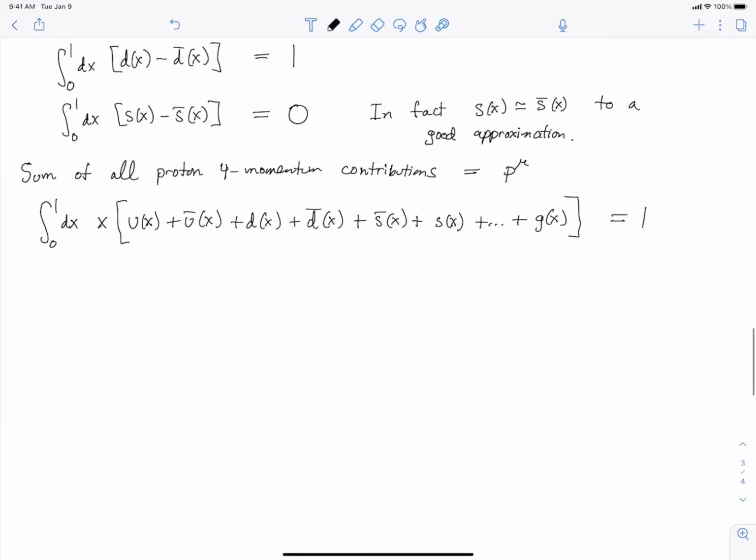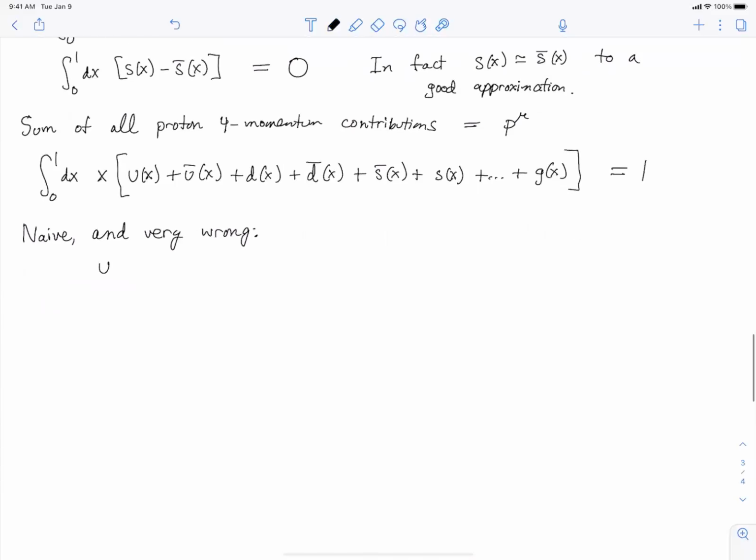Okay, so here's a very naive and very wrong estimate of a PDF. I'm going to write u naive for this. The naive thing to do would be to say, if I have up, up, and down, and they share the momentum equally, then I should just get u naive equals 2 times delta of x minus 1/3.